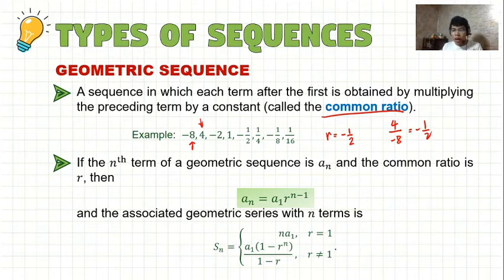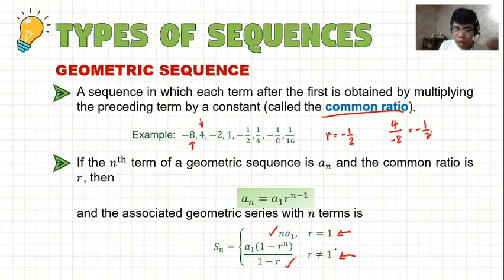So, if your r is equal to 1, ito yung gagamitin natin. That is n times a sub 1. If r is not equal to 1, ito naman yung gagamitin natin. The second one, a sub 1 times the quantity 1 minus r to the n all over the quantity 1 minus r.